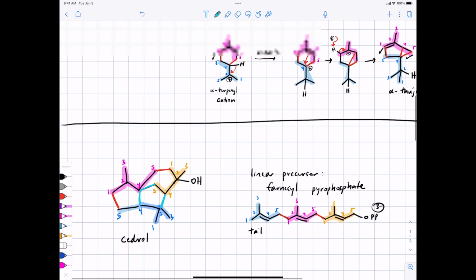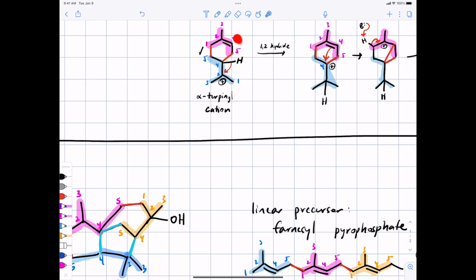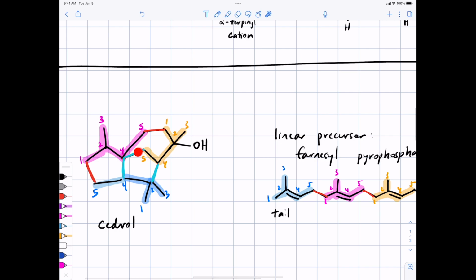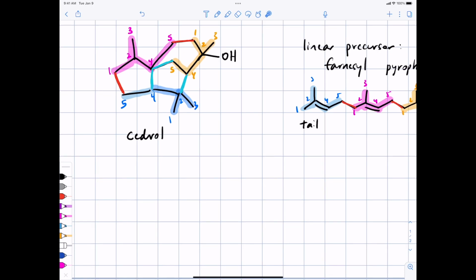But what I want to say is, by analogy to what we did before, in that alpha terpinyl carbocation, we have a bond between 1 and 5 that's already present, and then the bond between blue 4 and pink 5. And we've sort of got one of those here, pink 4 and orange 5. So that gives us a clue as to how we're going to make this.